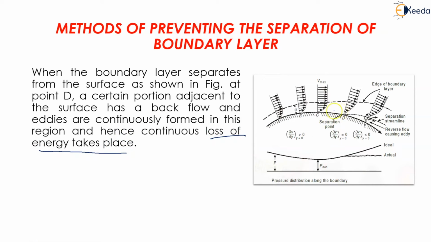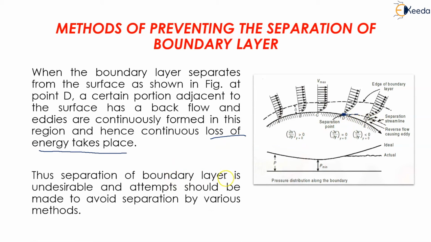Now, I can see this is my boundary layer at point D, that is over here. A certain portion adjacent to this surface has backflow and hence eddies are formed. So this is the point at which the boundary layer is being separated from the surface. We can see this layer again going away, and this is the separation.